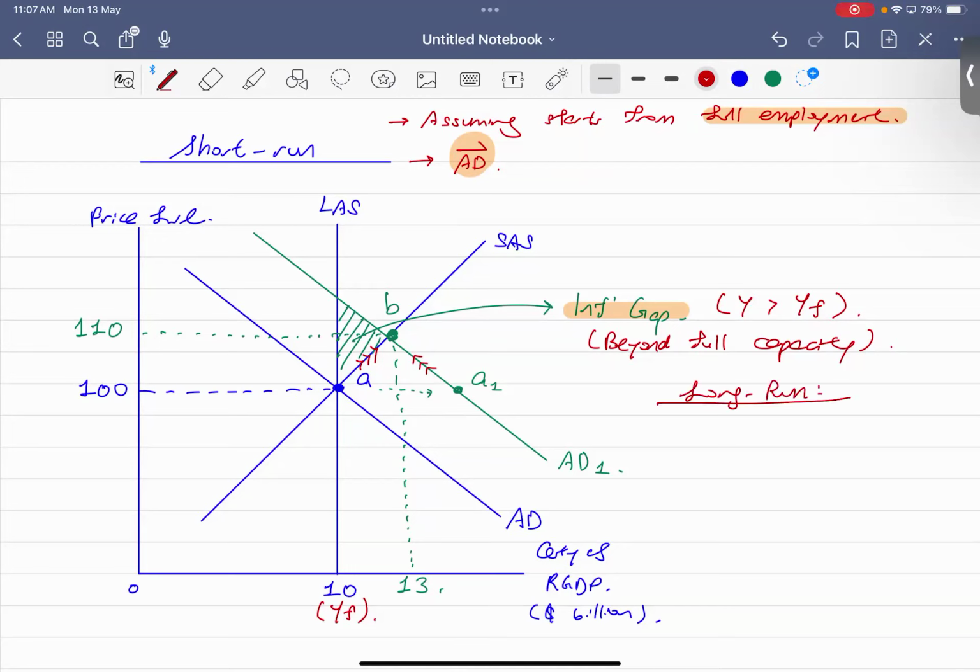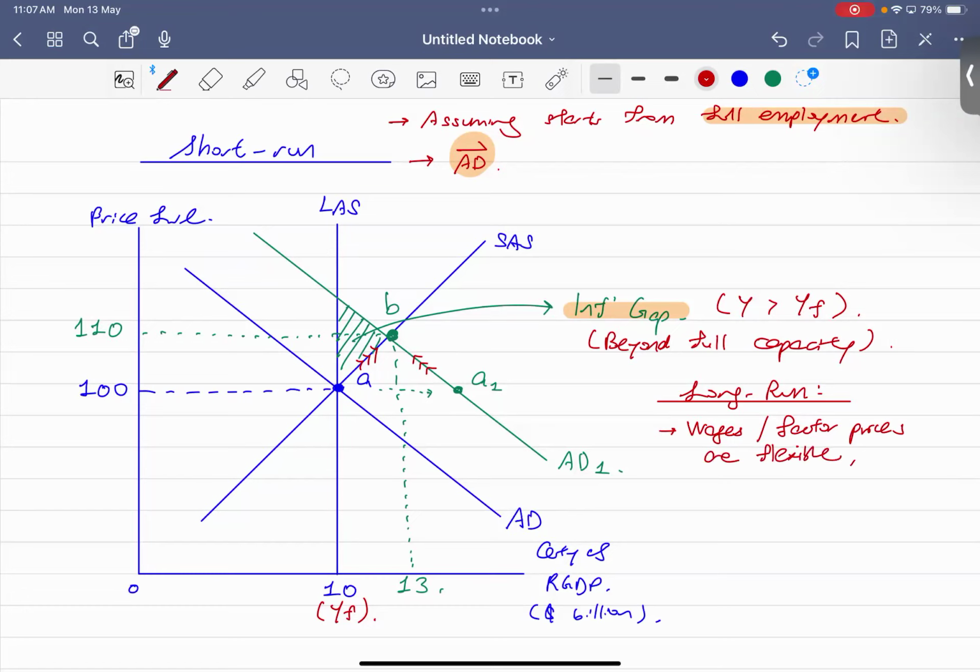So what happened is, in the long run, people overwork already beyond full capacity. You ask your workers to overwork already, so workers will start to ask for higher wages. In the short run, wages remain constant. Remember just now we made an assumption. So now in the long run, wages or factor prices are flexible.